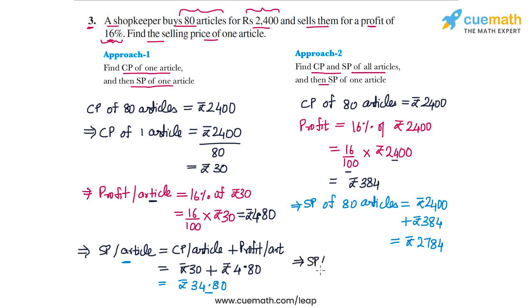There are 80 articles, so the selling price per article will be rupees 2784 divided by 80. And if you carry out this division, you will get the same answer for the selling price per article, which is rupees 34 and 80 paise. So the answer is that the selling price of one article is rupees 34 and 80 paise.